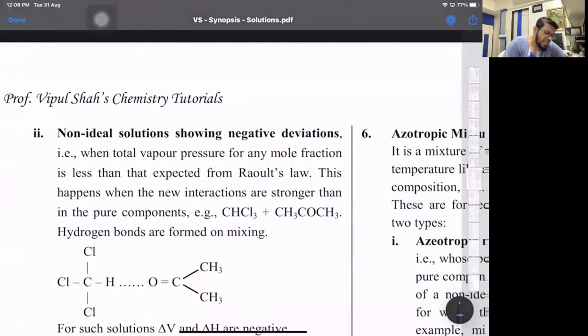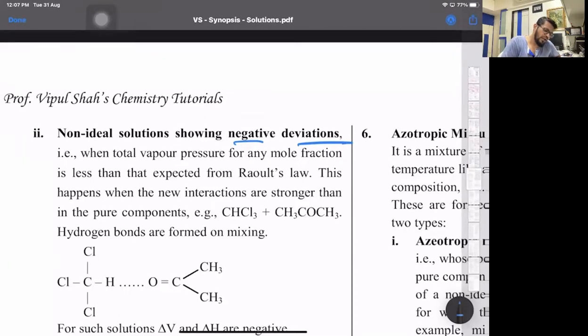Solutions showing negative deviations: solute-solvent interaction is stronger than solute-solute or solvent-solvent interaction. So if the solute-solvent interaction is stronger, when the temperature increases, the vapors don't come easily to the surface. That's called negative deviation.